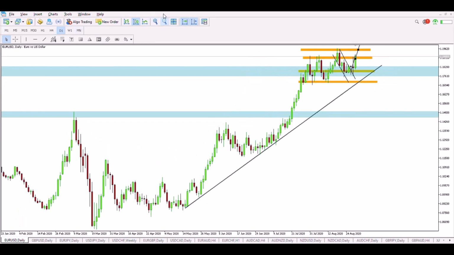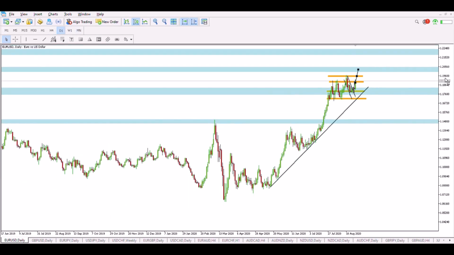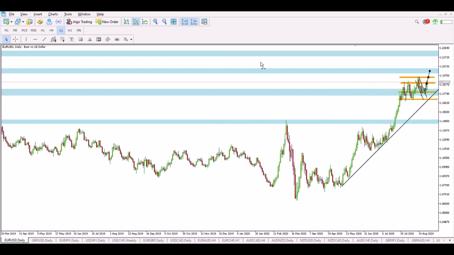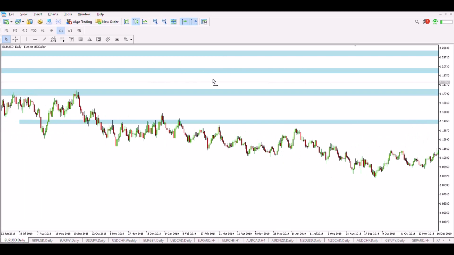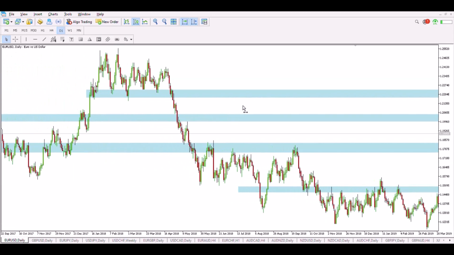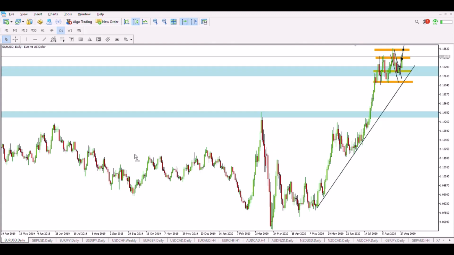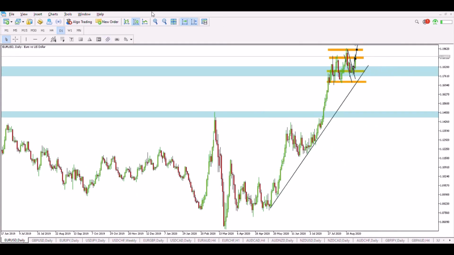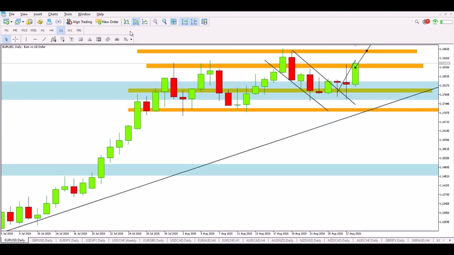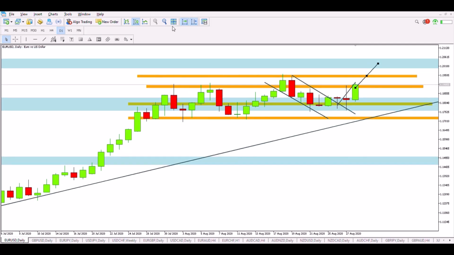As you can see, the next daily resistance zone in the past is here. As you can see, it was multiple times in the past a resistance, so we can select to take profits here.